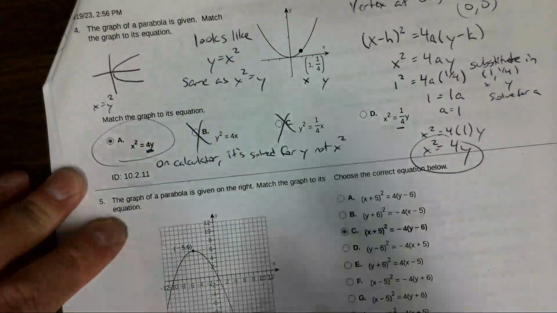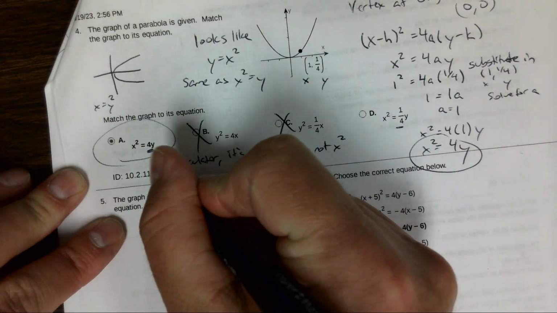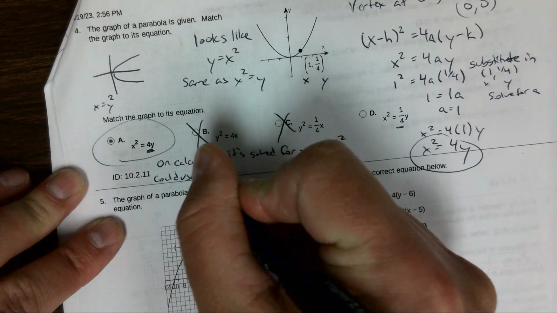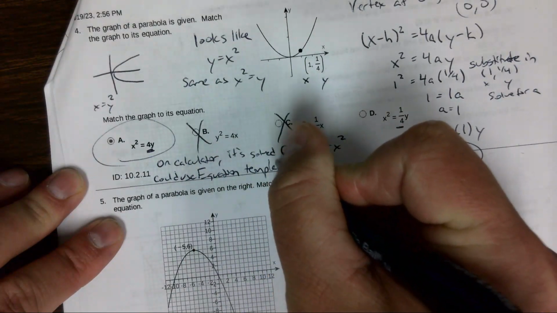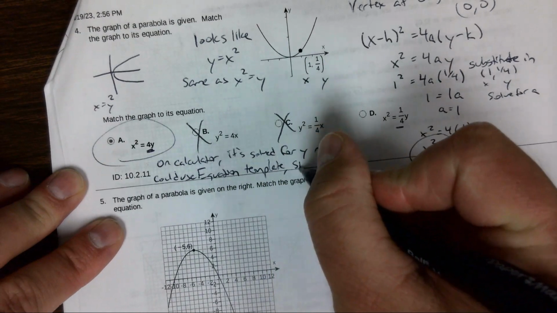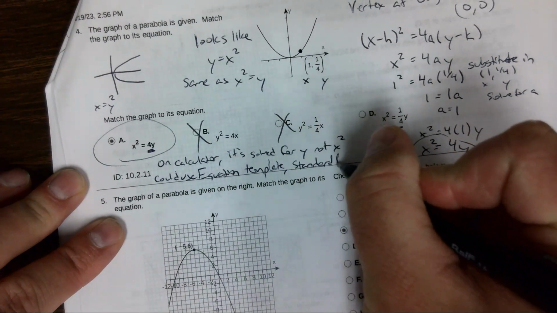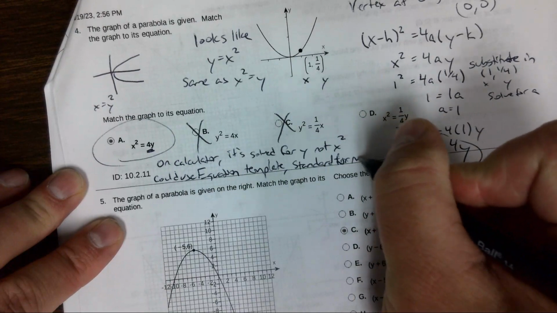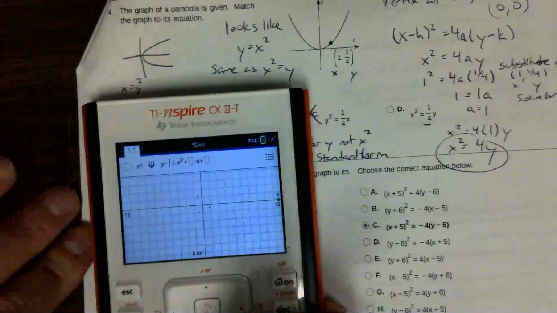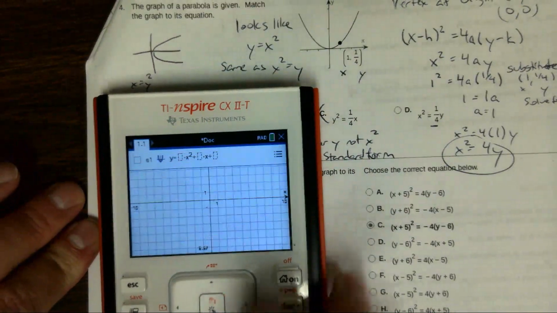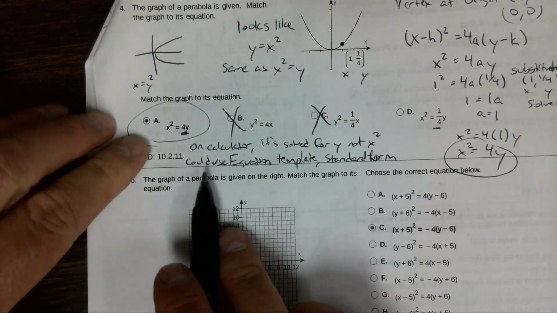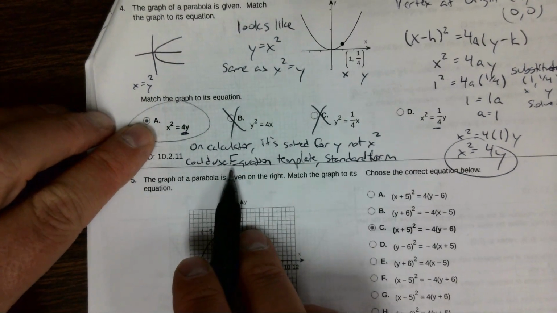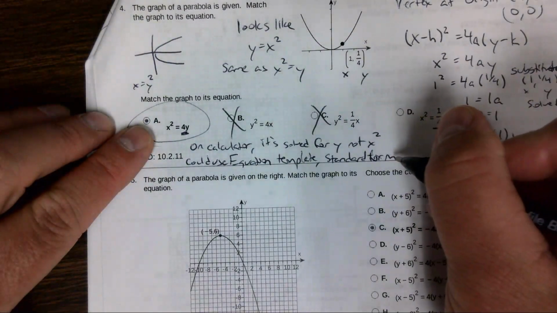Okay, so you could use equation template, standard form. So it's just something x squared plus something x plus something. Now, like I said before, it's solved for y. You need to solve for y.